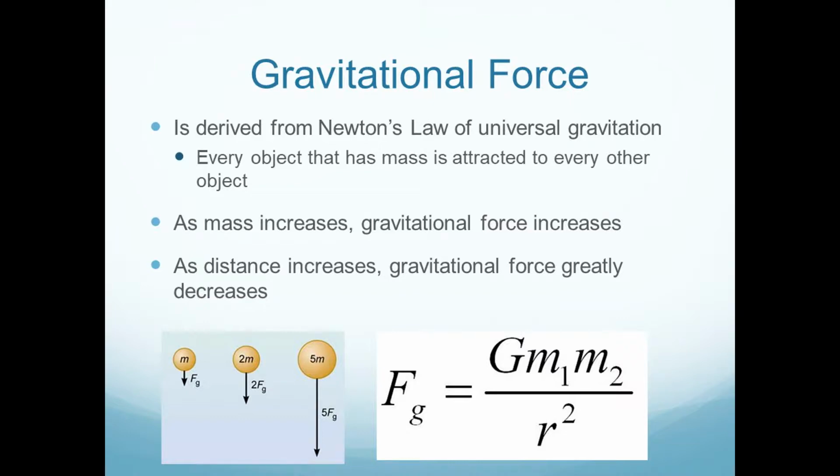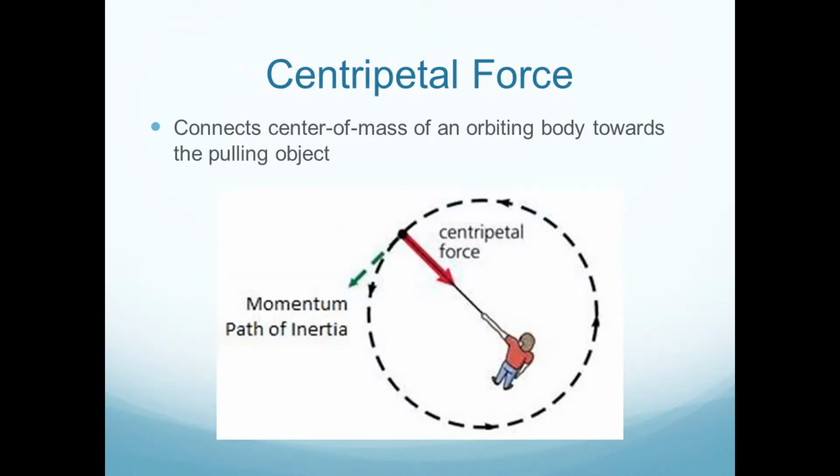Now, that's just one type of force that affects tides on Earth. The other one is centripetal force, and this is similar to Coriolis that we were talking about when we were talking about waves, and this essentially just deals with the spinning of the Earth. And so you have a center of mass, so let's just say the core of the Earth is the center of mass, and you have an orbiting object around it.